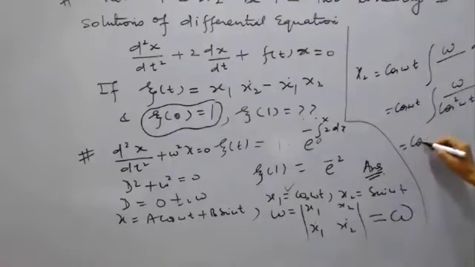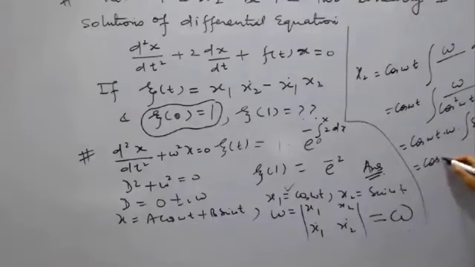So it will become cos omega t omega integral sec square omega t dt. And what is the integration of sec square? It is the derivative of tan, so tan omega t by omega. This will be cancelled and it will become sin omega t. See?